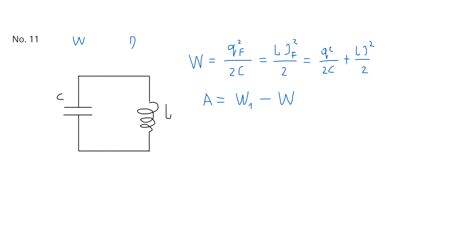Okay, maybe you can remember that we still haven't used this value. This value is the change in frequency. So according to the condition, the frequency increased eta times.